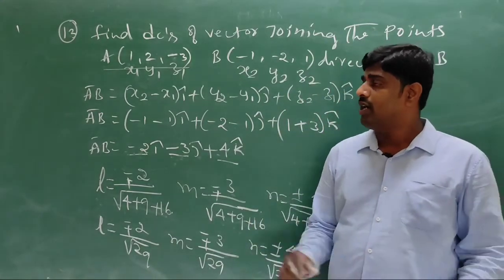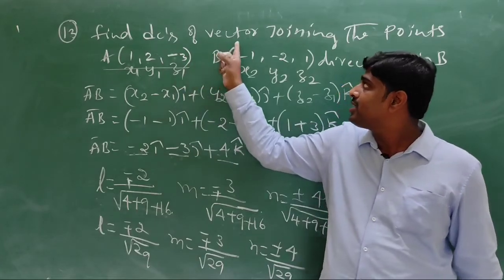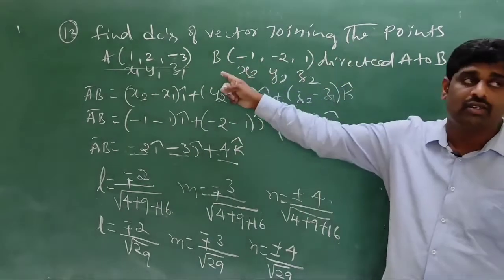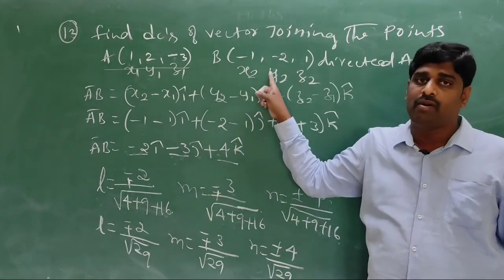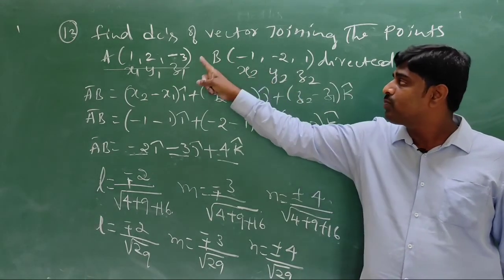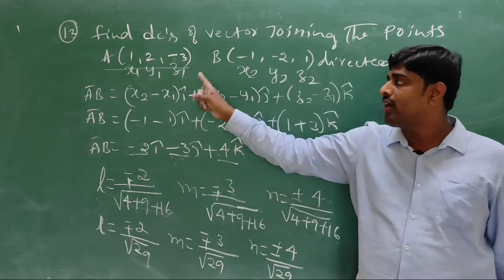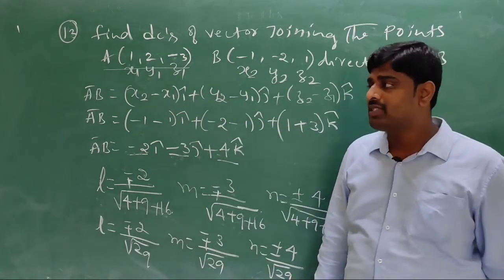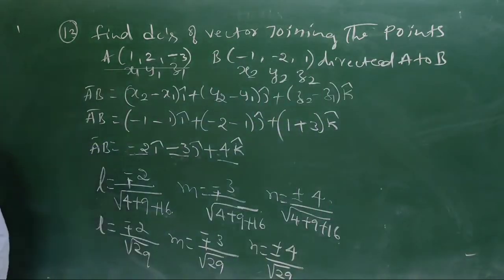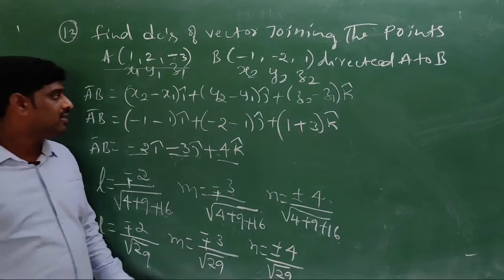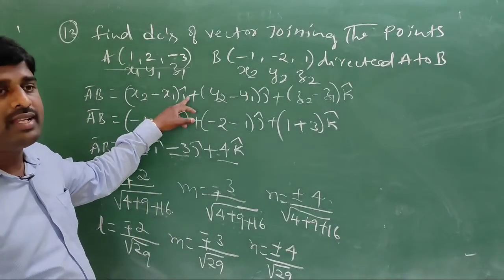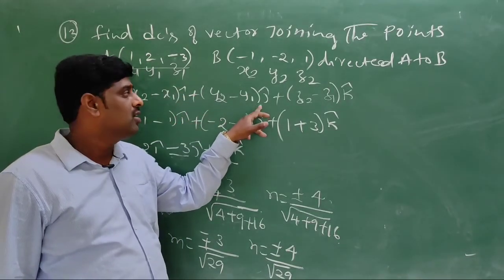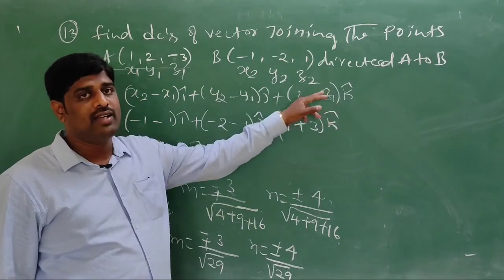So now observe students, find the DCS for the vector joining the points. Here joining points are given. First you have to find the vector. AB bar formula is (x2 minus x1) i cap plus (y2 minus y1) j cap plus (z2 minus z1) k cap.